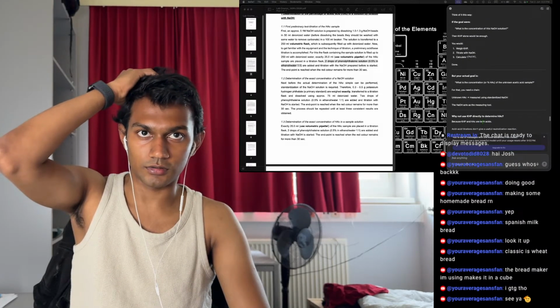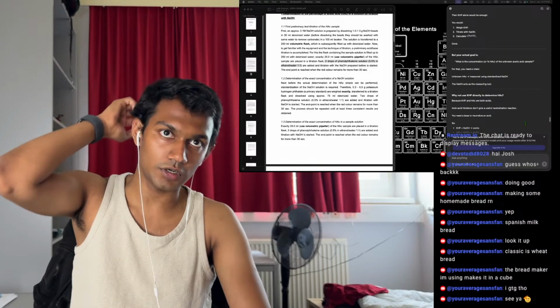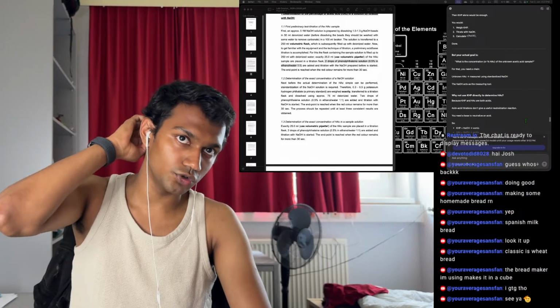Oh, both are acids. Okay, acid-acid titration doesn't give a useful neutralization reaction. You need a base to neutralize an acid.